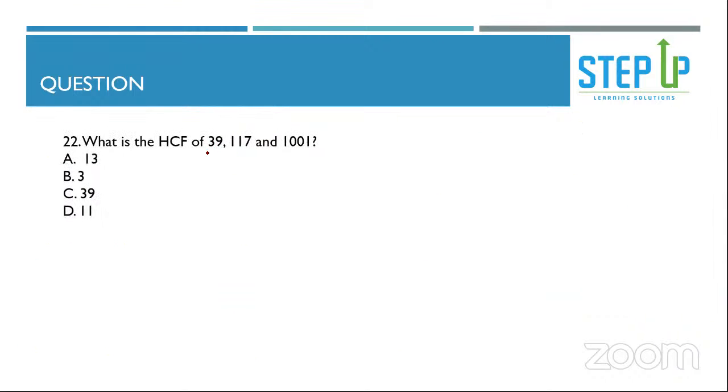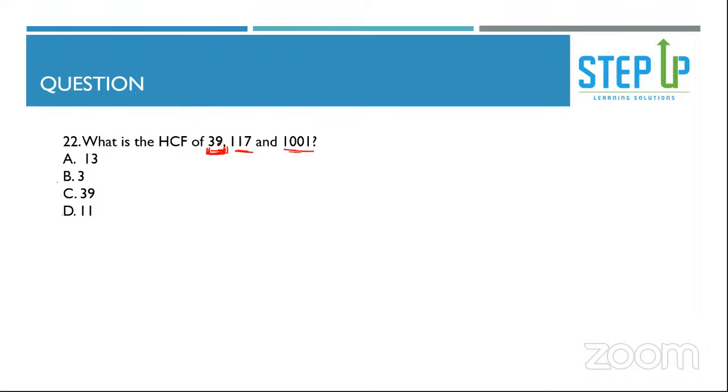Okay, so the next one. What is the HCF of 39, 117, and 1001? Now, the options which we'll look at here are 3, 39, 11. So check. Is 39 divisible by 11?